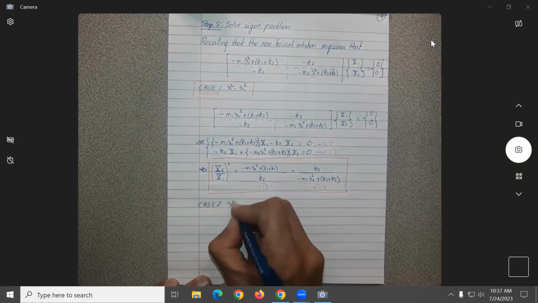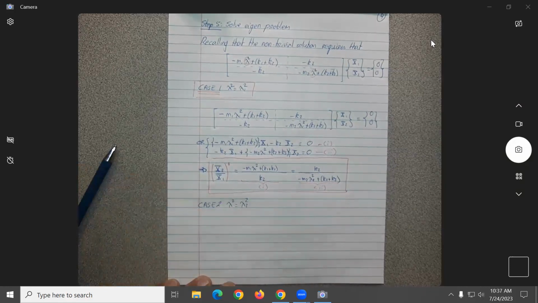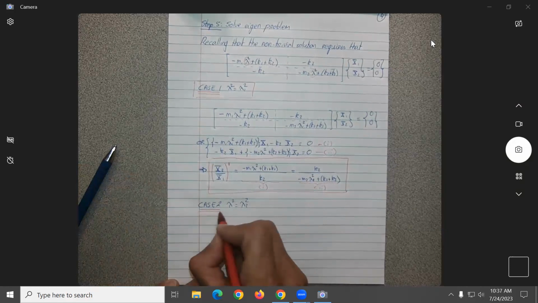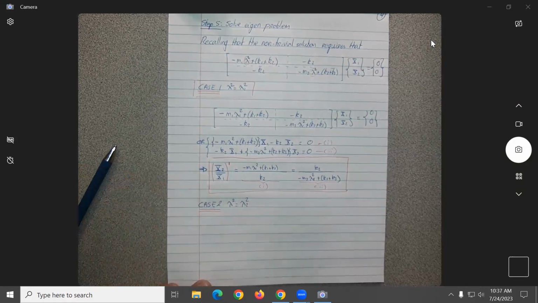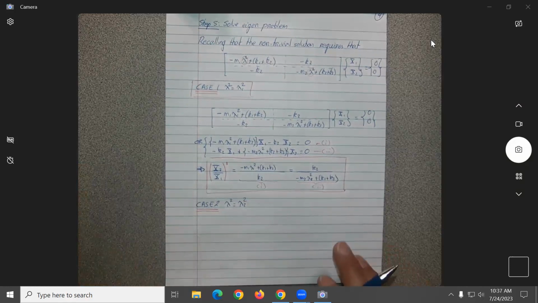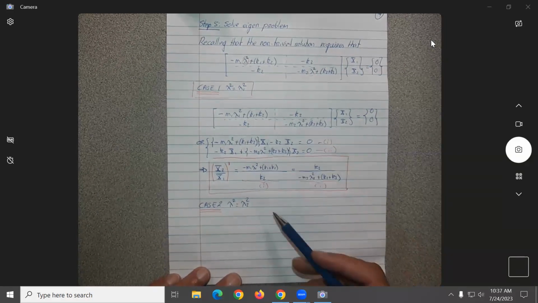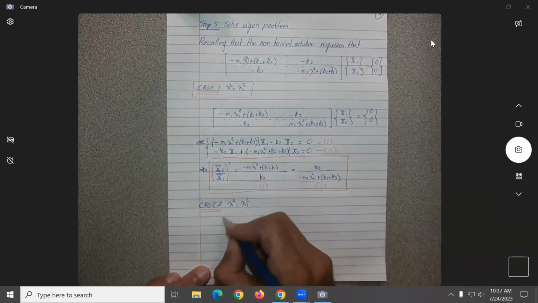case 2, so lambda square will be equal to lambda 2 square. So, I mean, if you want, let's just do it very quick. Let's just copy everything again. So we'll have what?